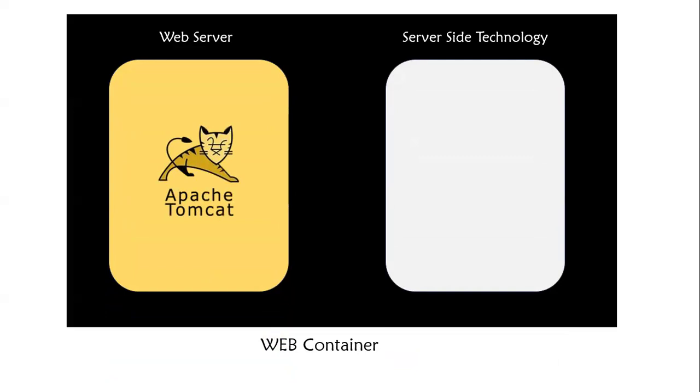And what are the server-side technologies we use? Whatever username and password is entered in the text box should be retrieved by the server-side technology. So we'll be using servlets and JSP first as a backend. To handle the request, the username and password, we can use servlets and JSP.